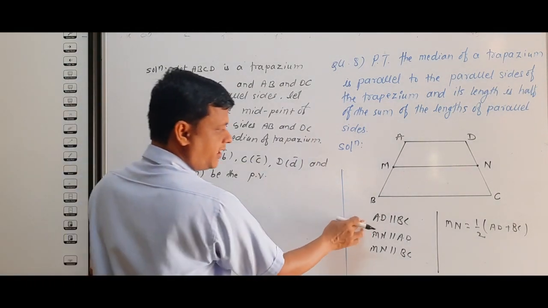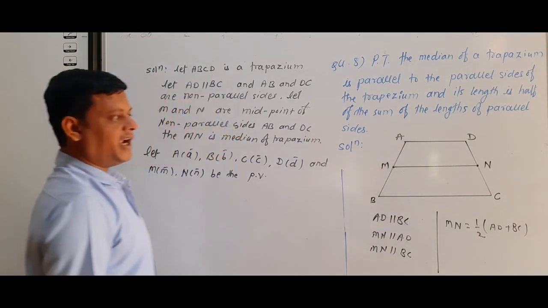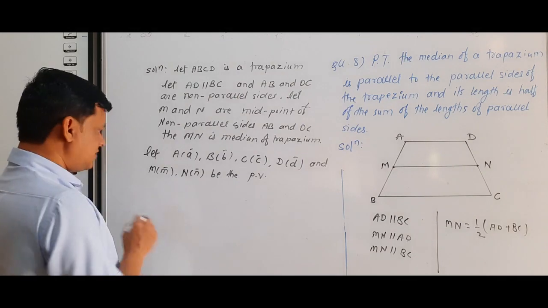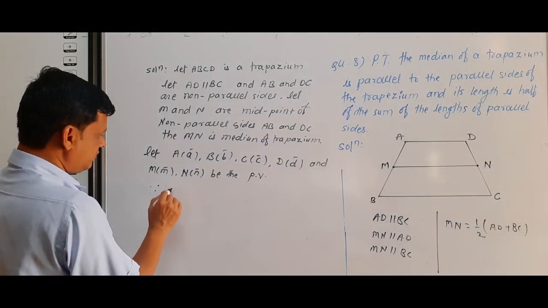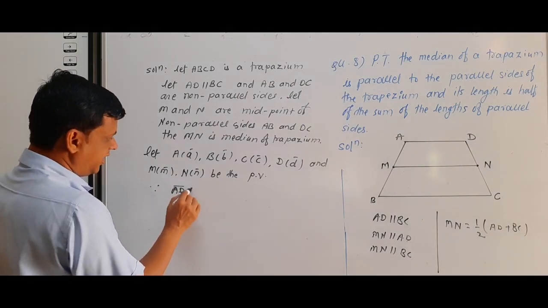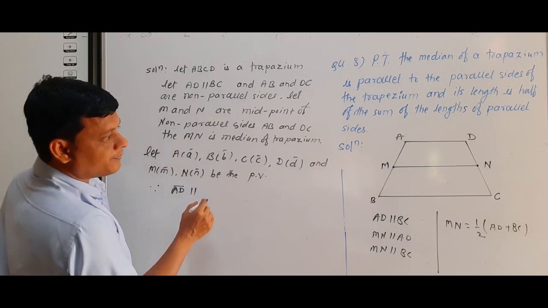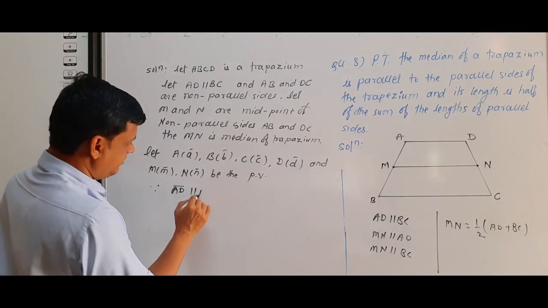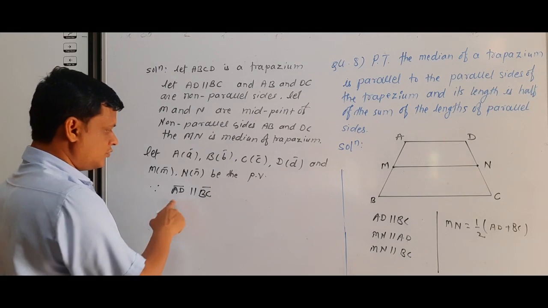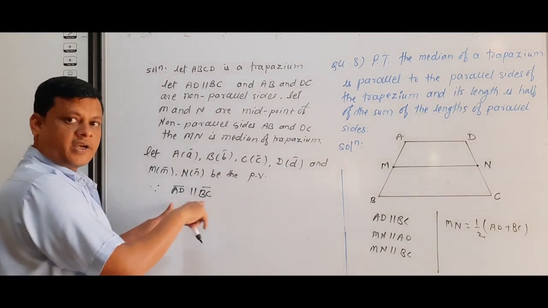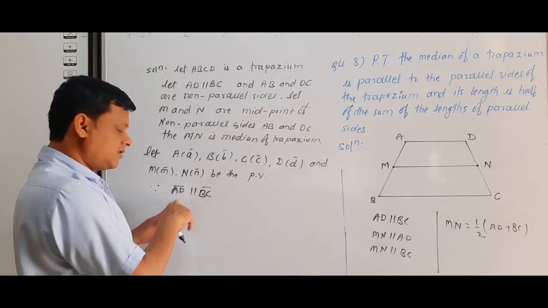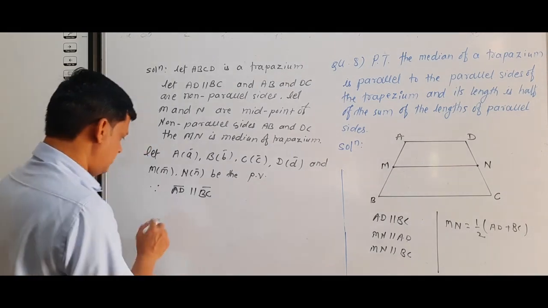Now here we consider AD and BC as parallel sides. So since vector AD is parallel to vector BC, these vectors are collinear.